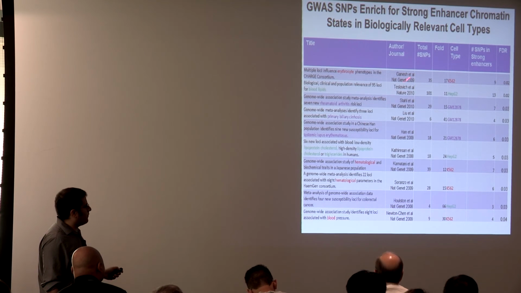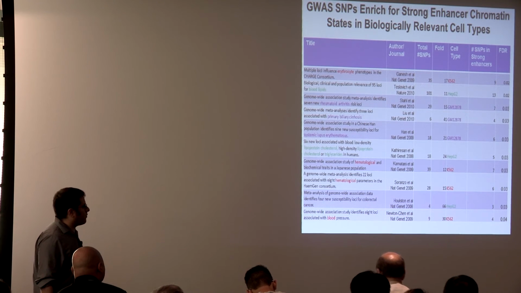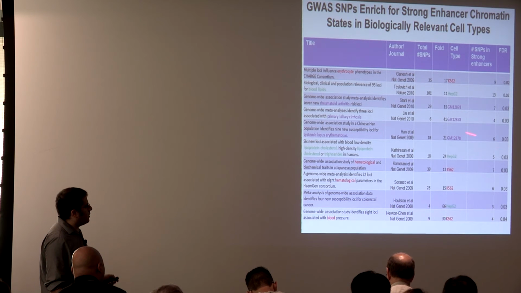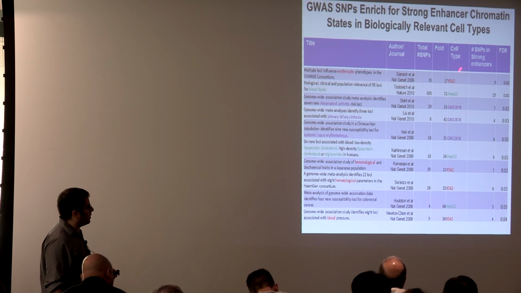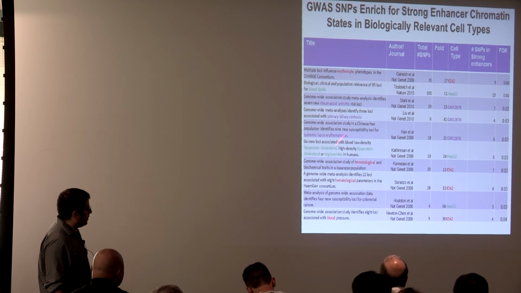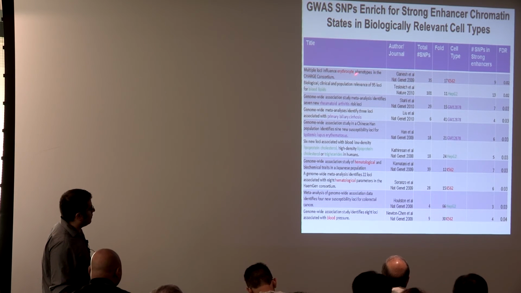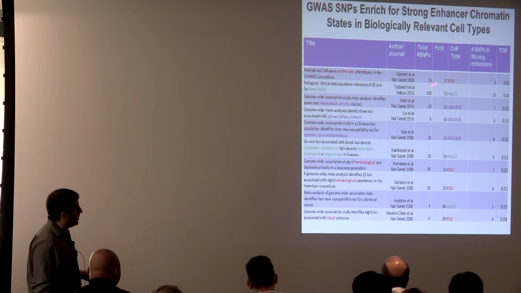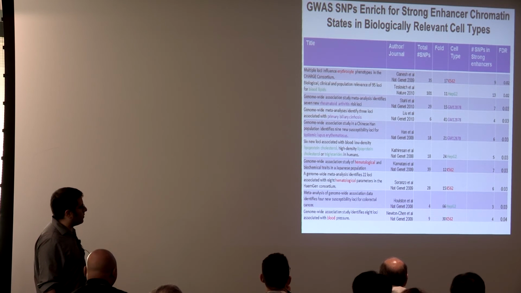And we asked, if we looked at what we were characterizing as strong enhancer states, did we see an enrichment for those SNPs, and in particular, what cell type were those enhancers from? And in this case, we had about 10 studies just from looking at those lead SNPs where we had an association between the locations of the SNPs and the cell type specific enhancers we were calling.